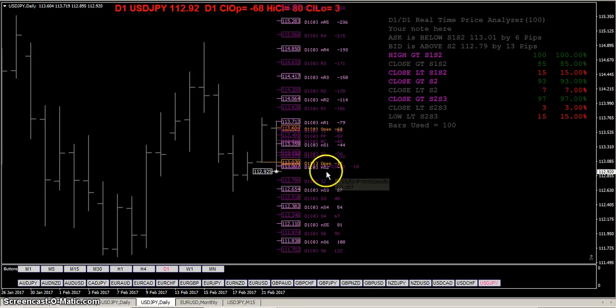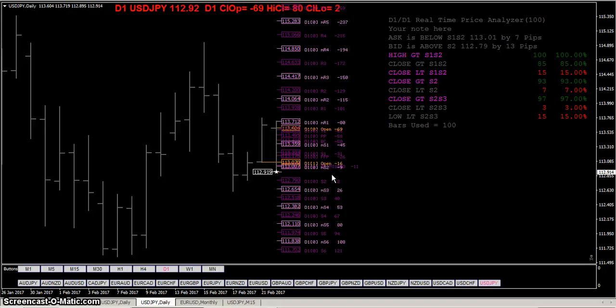So in other words, you want to look for an opportunity to take a long entry and trade to this number. So you can see right here, this number is 113.007.